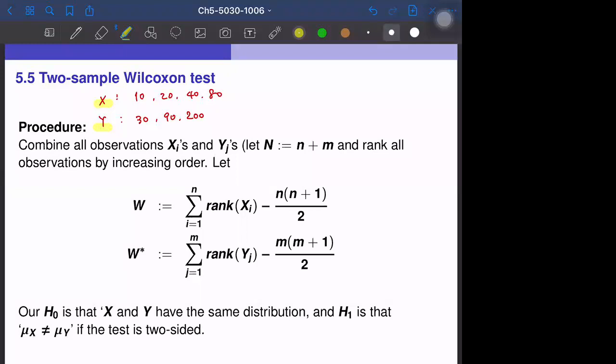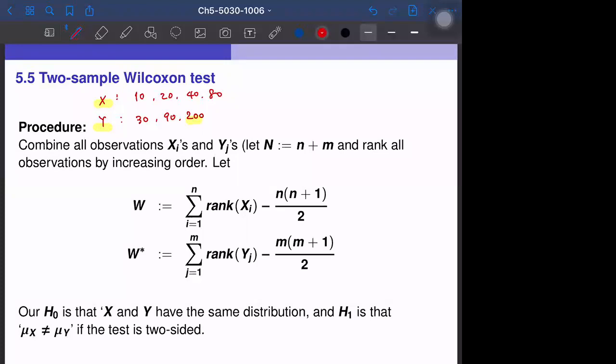If you take averages and do a two-sample t-test, probably y is larger than x, maybe significantly, because 200 is a very large number. But we have many small observations, 10, 20, 30, 40, and only one very large observation, 200. So the idea is we use ranks so that the distribution does not matter.